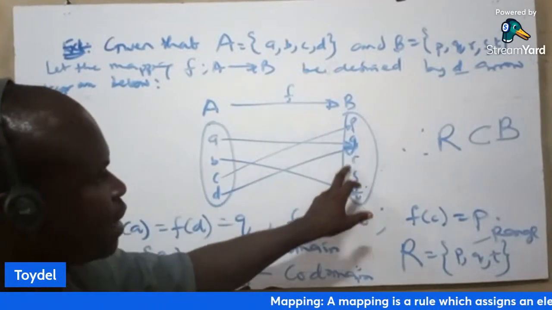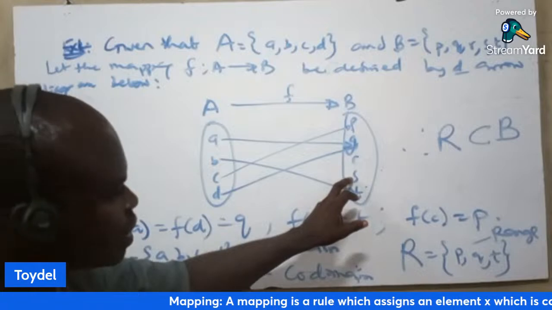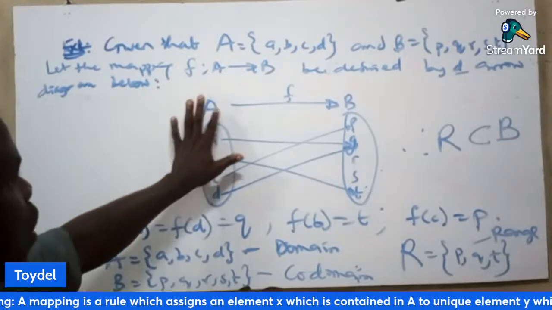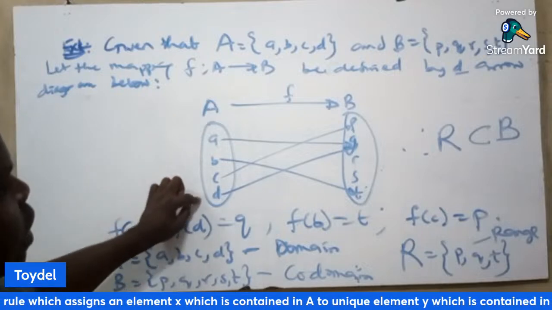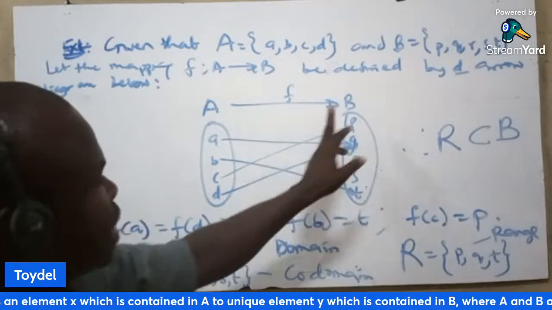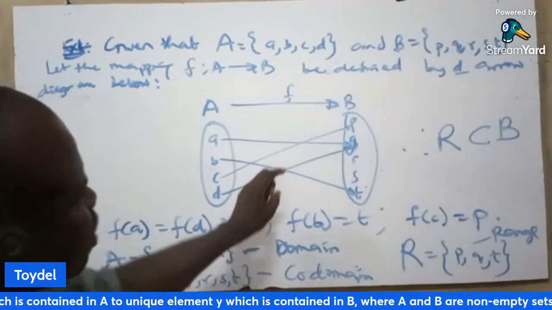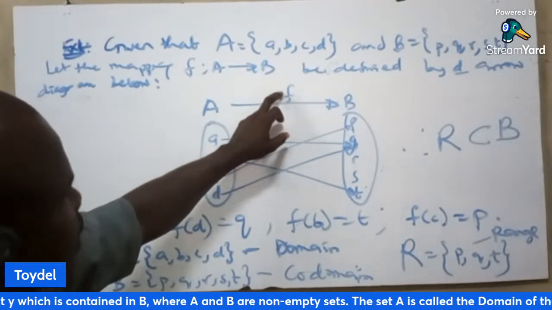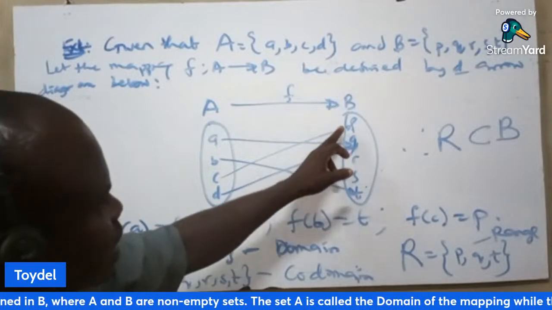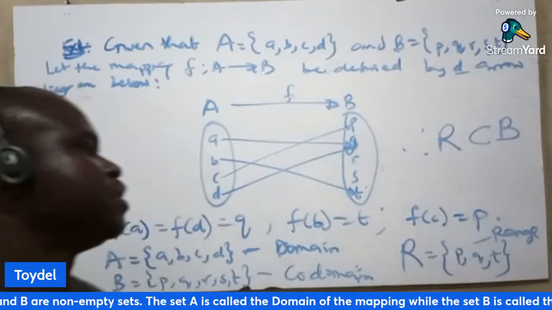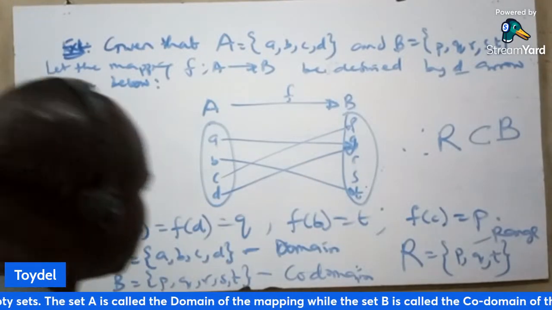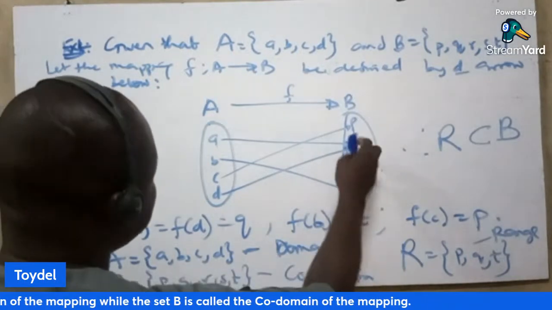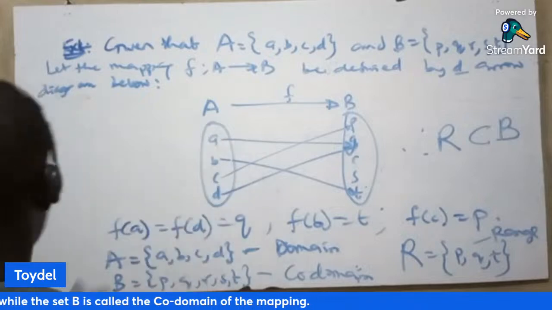R and S are there, but nothing is assigned to R and S. So what we're trying to say is that the elements that we have in A are called the domain. All the elements that we have in B are called the codomain. But the elements that this function or mapping assigns to, in this case P, Q, T, are called the range. So the range is always a subset of the codomain. All these images are the images of elements in A.